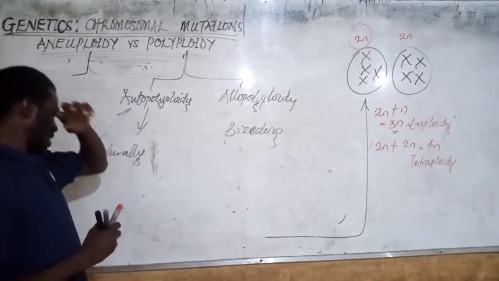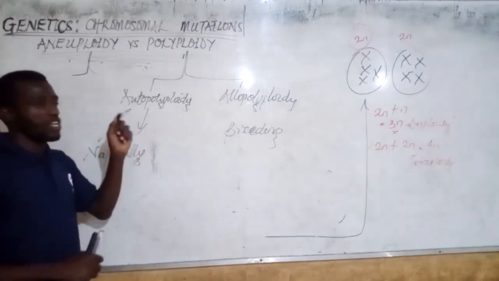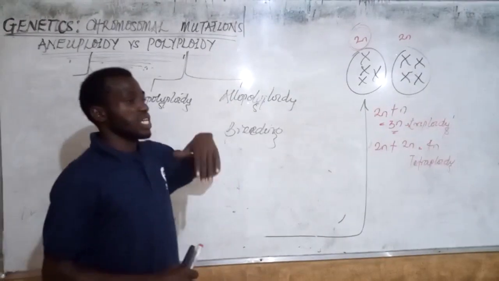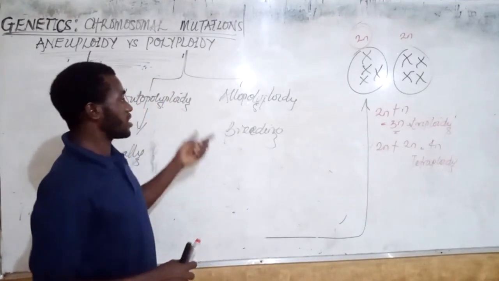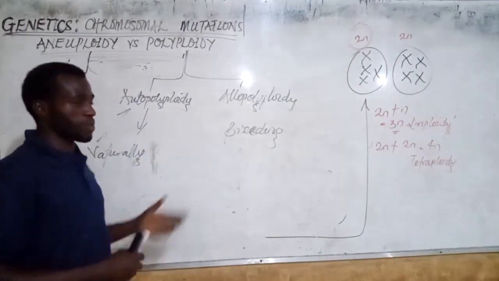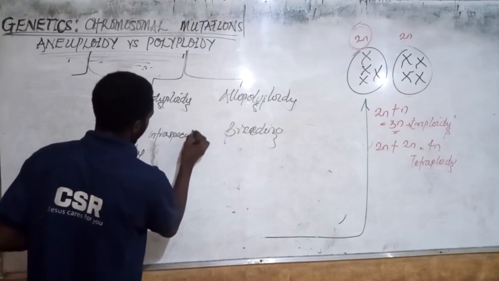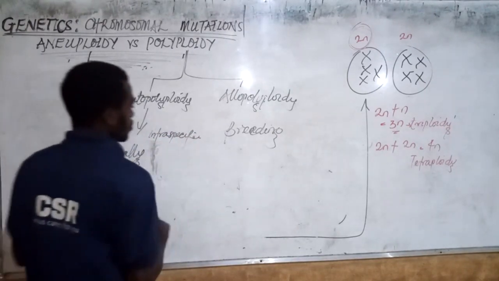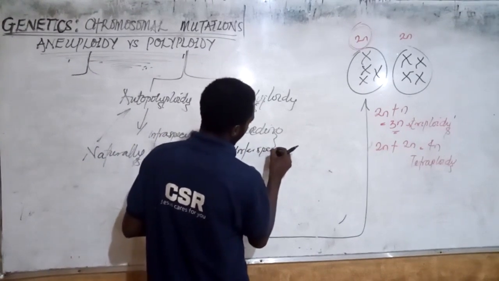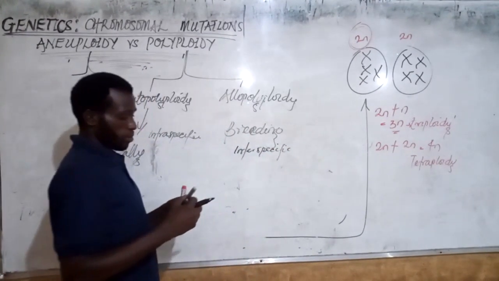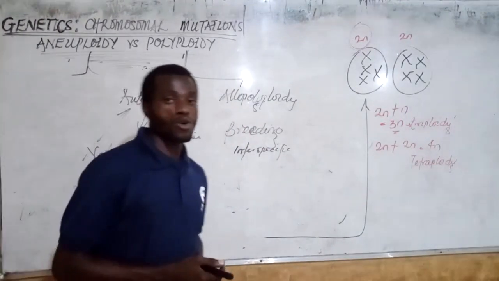And take note that since autopolyploidy happens naturally, it's going to be within the same species, so it is intraspecific. Allopolyploidy, on the other hand, could be interspecific, as a result of our human crossbreeding. Alright, so that's basically it for chromosomal mutation.